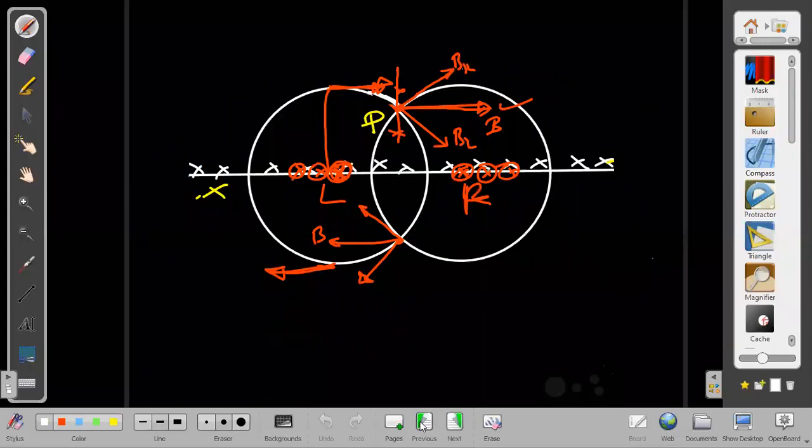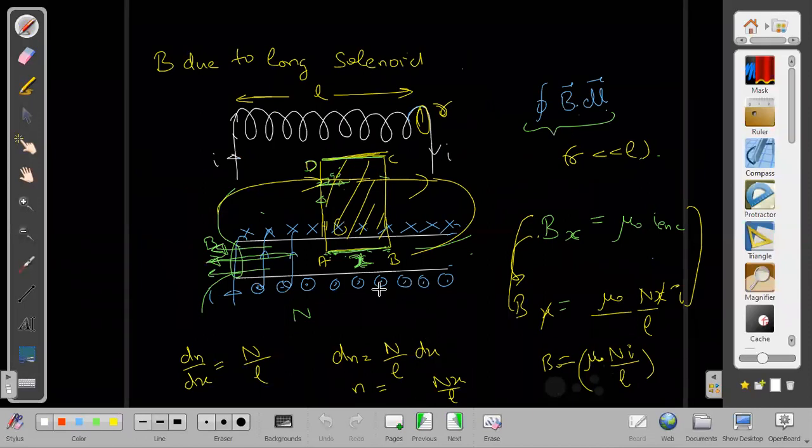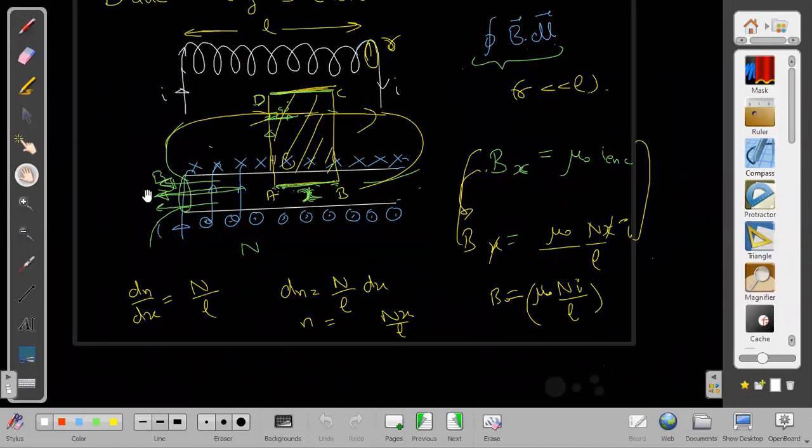That one we sometimes write like this also, and that is preferred usually. I will prefer to write it as mu naught into small n. Wait, see, I have chosen small n for some other thing. It's my bad, I should not have done that. Small n normally they call the number of turns per unit length. Let me correct it here only.